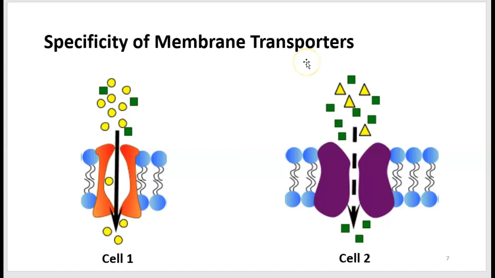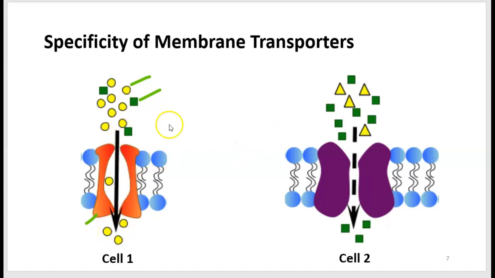So this shows you the specificity of membrane transporters. Let's assume on the picture on the left, cell number 1, that this cell has been exposed to two different kinds of molecules, the green square and the yellow circle. This particular red transmembrane protein or transporter only allows one type of substance across.